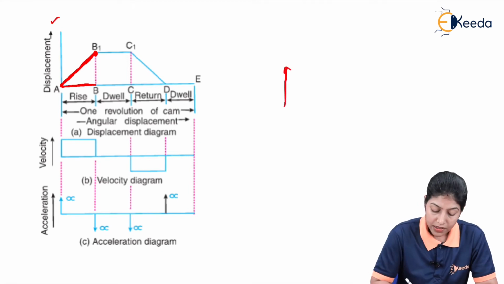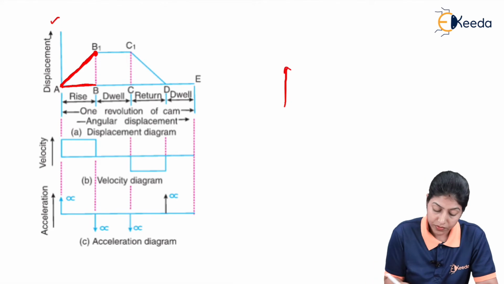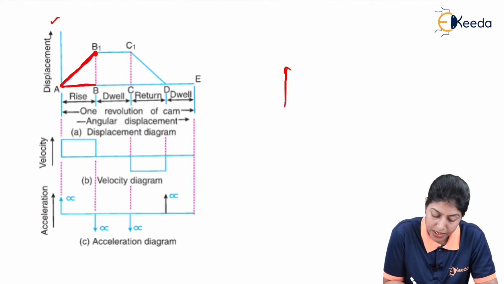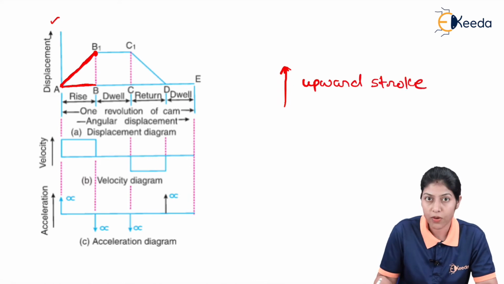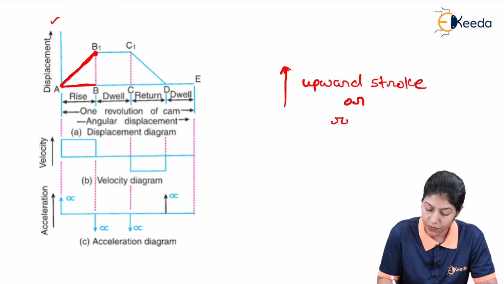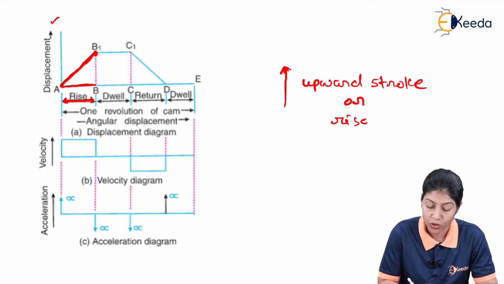In that case, this displacement line would be a straight line but in inclined position. So this AB1 is representing the displacement of the follower when it is moving upward, for upward stroke, or we can say for rise. So it is written here, this particular condition is representing the rise of the follower.